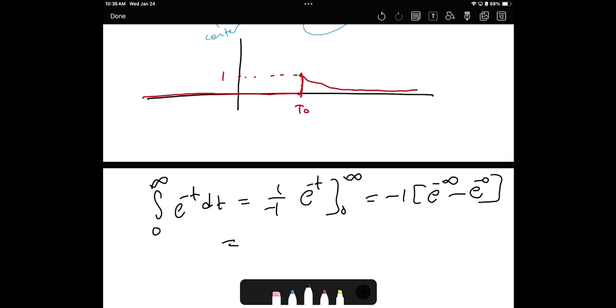In other words, by flipping the sign, e power 0 minus e power negative infinity. Since e power negative infinity is 0, it equals 1. You know this also from mathematics. So that's the exponential in the time domain, as a real number.